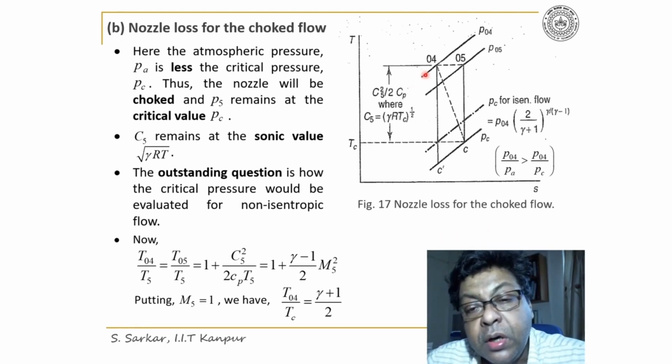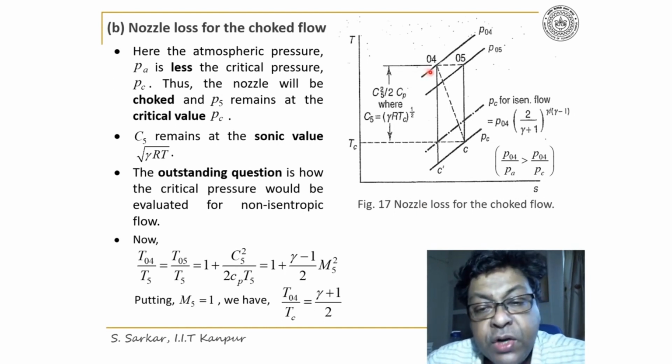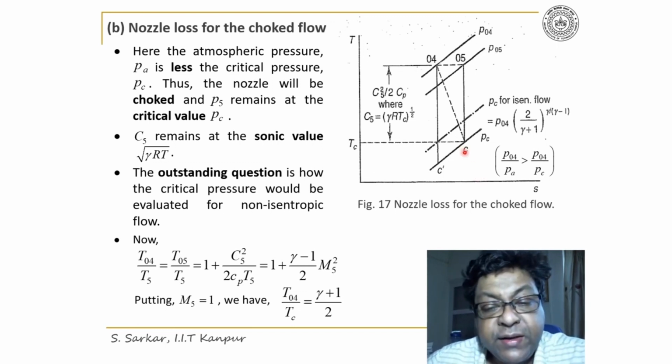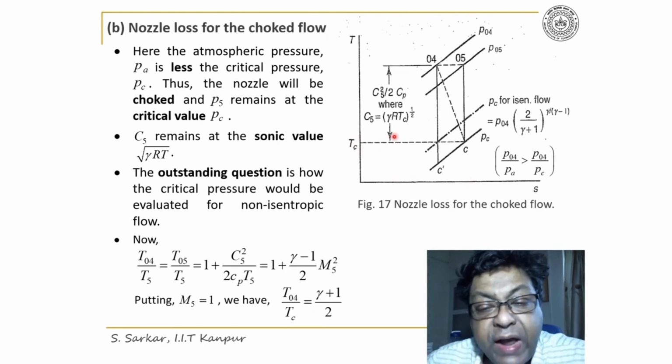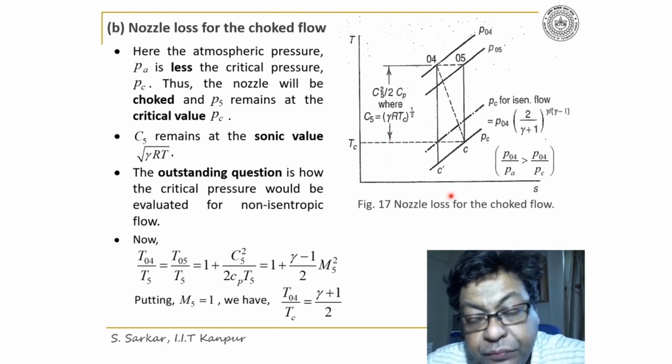Here look, 04 is the state point at the exit of the turbine. So 04 to C, which has been shown by the dotted line, is the expansion of gas when the nozzle is choked, where at the exit of the nozzle the pressure is Pc, temperature is Tc, and the speed of the jet is equal to root over gamma R into Tc.